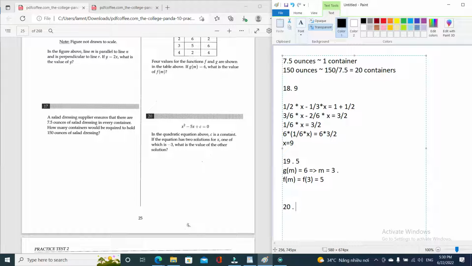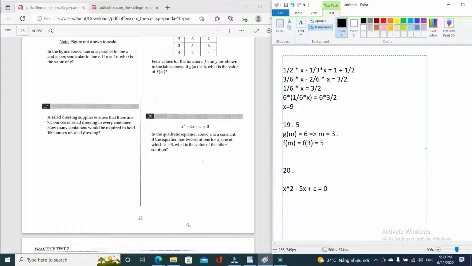Okay, so we have a quadratic equation: x squared minus 5x plus c is equal to 0, and as we have mentioned before, it has two solutions according to the theorem. x1 plus x2 is equal to minus b over a, and x1 times x2 is equal to c over a.